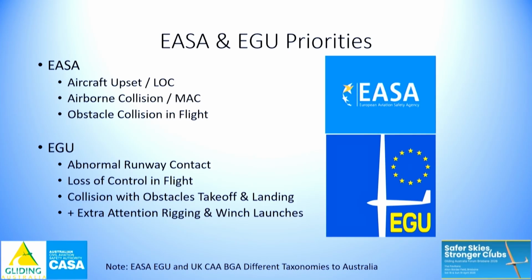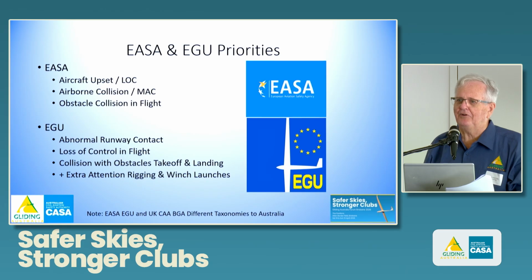We're also associate members of the European Gliding Union's Safety Working Group, and the EASA priorities are aircraft upset or loss of control, airborne collision, obstacle collisions in flight. Not sure what that is completely catching, but that might involve a few wires across valleys and other obstacles.